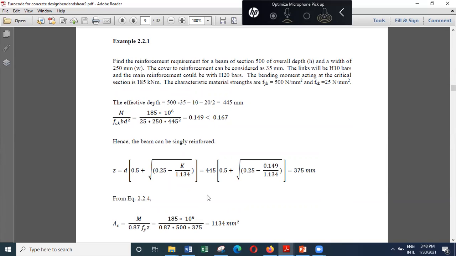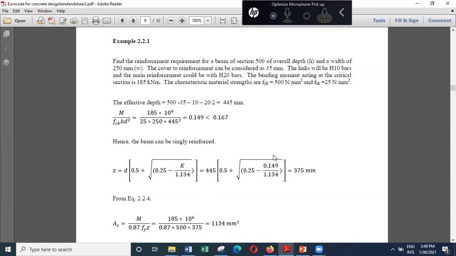So you'll find that the lever arm is 0.844D, or 0.844 multiplied by 445, and that is 375 millimeters. 0.844D is the Z value. So once you multiply that by the value of d, which is 445, you'll end up with 375.7 millimeters as the answer.